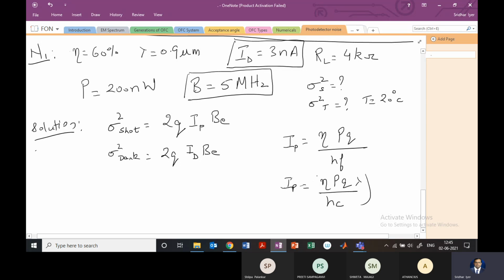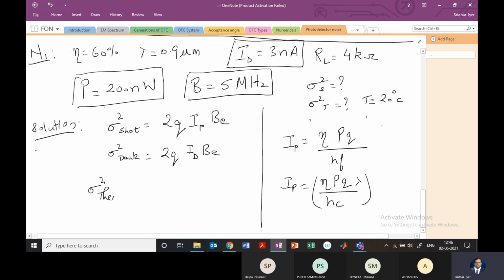So I'll take the lambda on the numerator. So this is the Ip that we can have. Here we know eta, which is 60%. We know the value of P, which is given to us as 200 nanowatts, the incident optical power. We know q, we know lambda, which is given as 0.9 micrometer. We know h, we know c. So this way we can calculate Ip. Once we can calculate Ip, we'll get the value of the shot noise, right? So this is the manner in which we can find shot noise.